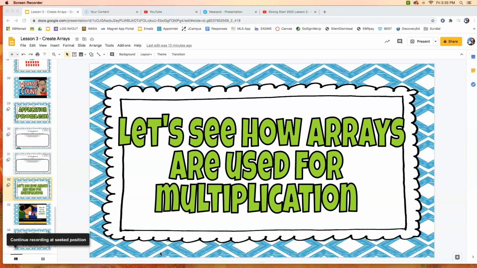So the video is going to explain how arrays lead into understanding multiplication. And it's also a BrainPOP video with Moby, which is pretty awesome. So enjoy, and then at the end of the video, you're going to have your exit ticket to show that you understand how to make arrays with rows and columns.